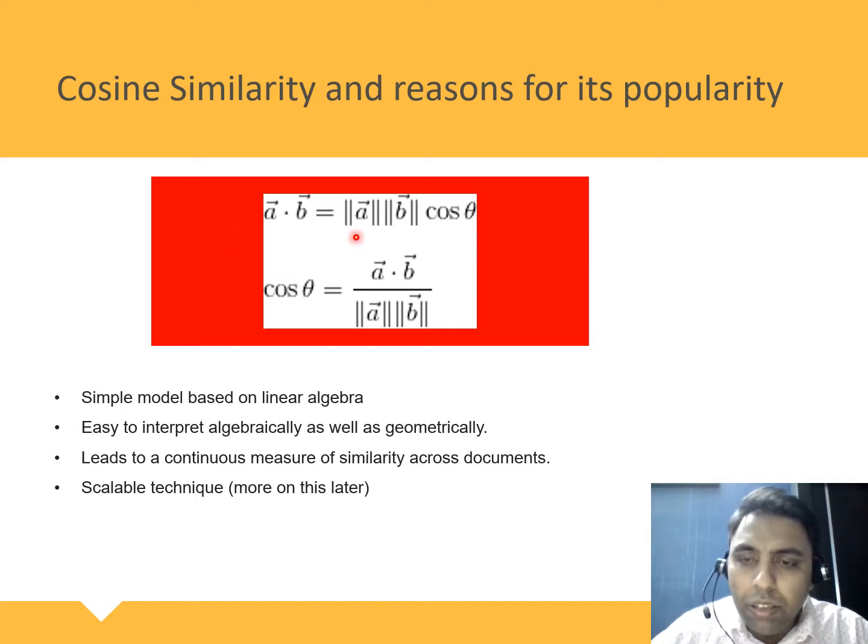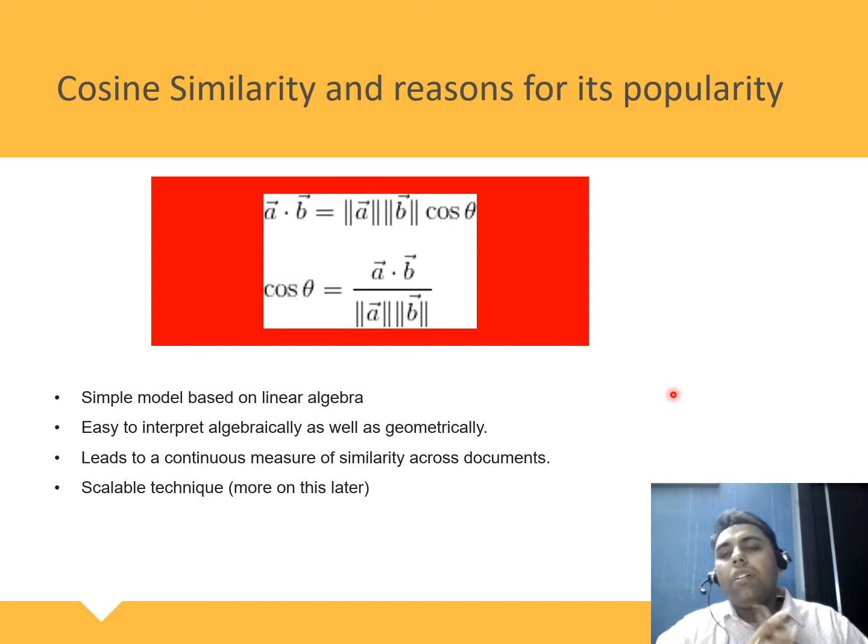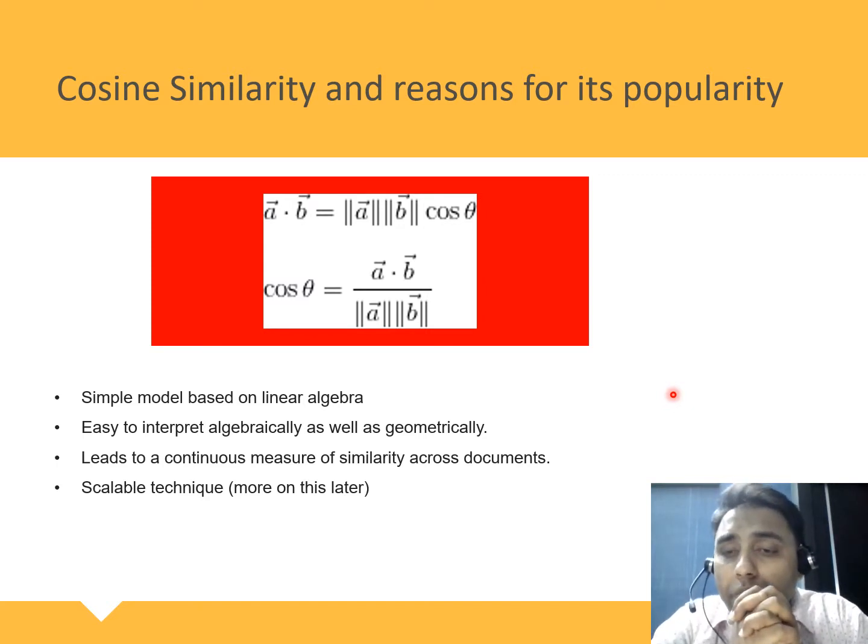You calculate the length of each of these vectors A and B by the norm and multiply them, and then multiply that with the cosine of the angle between the two vectors, and this cos theta can then be calculated as the dot product divided by the length of the vectors, right? And this gives us a measure of similarity or dissimilarity, whatever you may call it, between the documents.